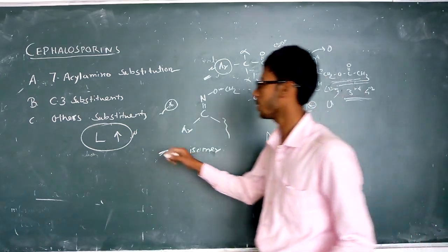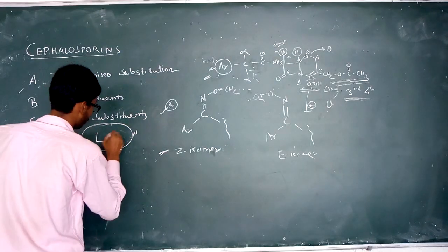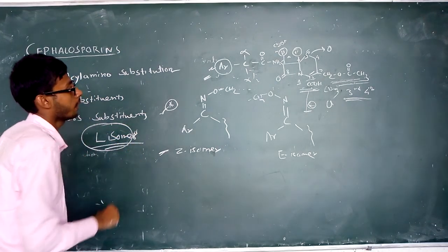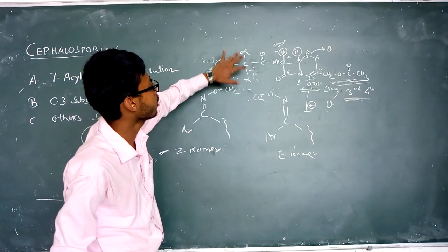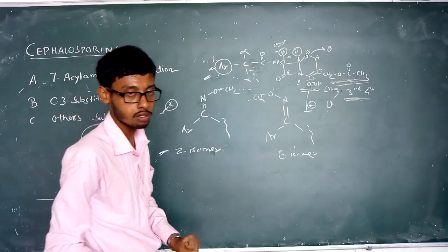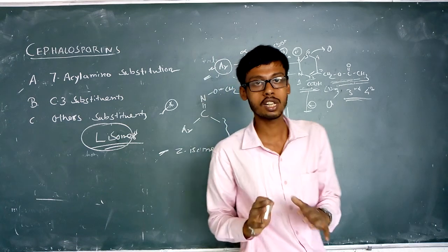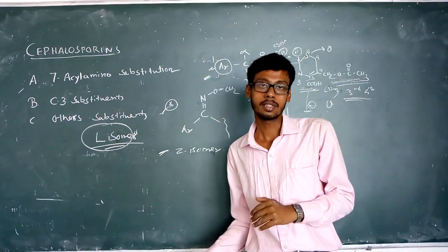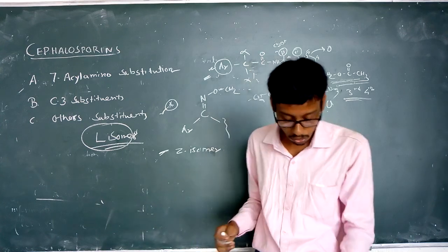So the L isomer is more stable, 20 to 40 times more than the D isomer.